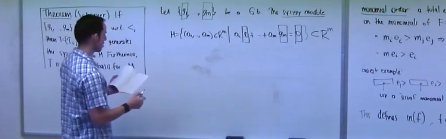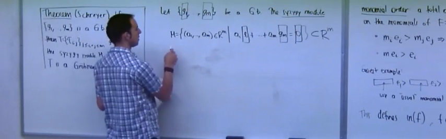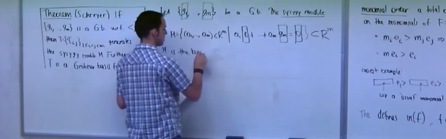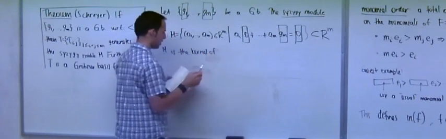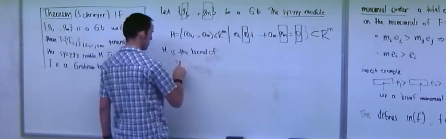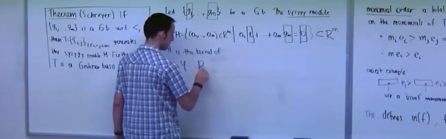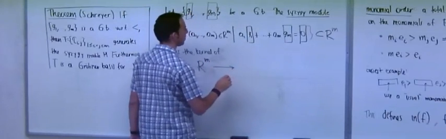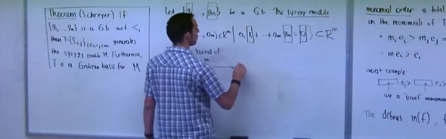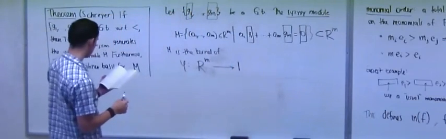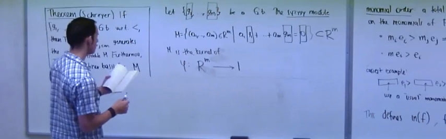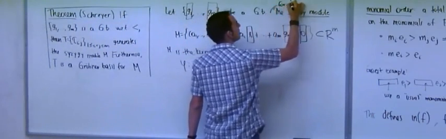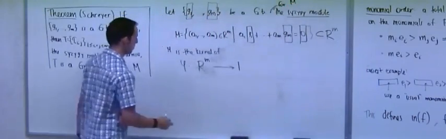I want to give a different description for the syzygy module, which is that it is the kernel of a map. I can define a map from R to the m to my module, to switch notation here. Let these guys be a Groebner basis for M, and I don't want to call this guy m.